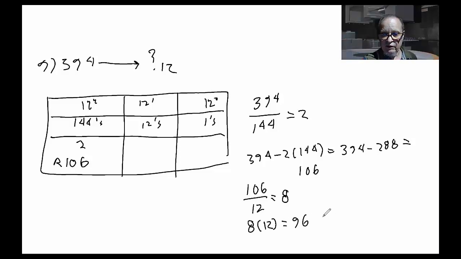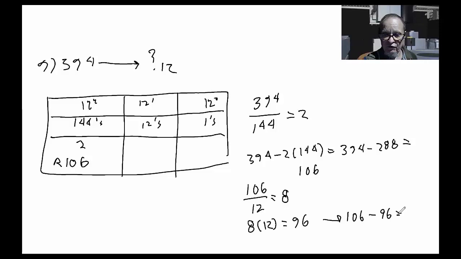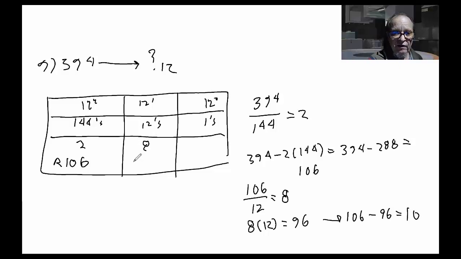So now we take 106 and subtract 96 in order to find our remainder. And we find that it's a remainder of 10. So we can now write here 8 and remainder 10.